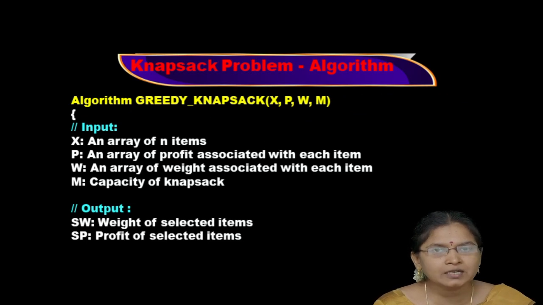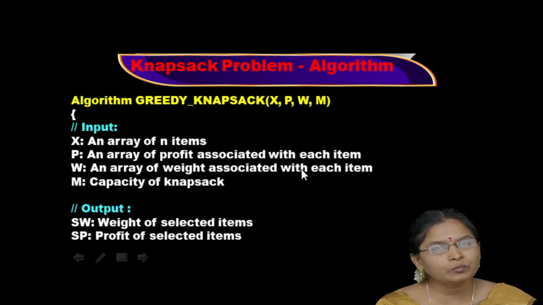Next, this is an algorithm for the knapsack problem. The input to this knapsack problem is X, P, W and M, where X is an array of n elements, P is an array of profits associated with each item, W is the weight associated with each item, and M is the knapsack capacity.